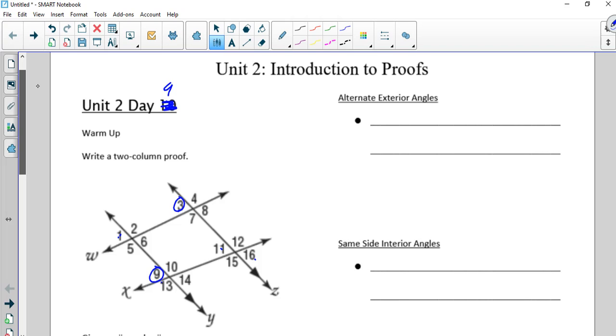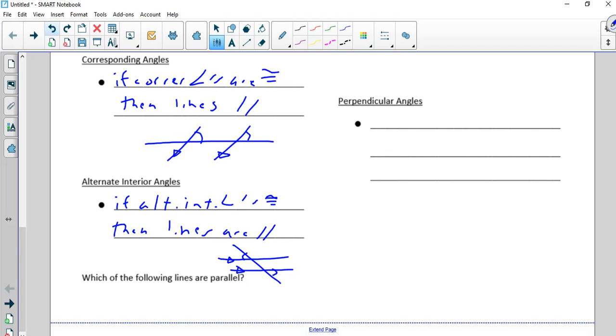Alternate exterior angles. Again, similar idea. If alternate exterior angles are congruent, then lines are parallel. That's not parallel, that's congruent. Whoa! I don't want to do that. What just happened?